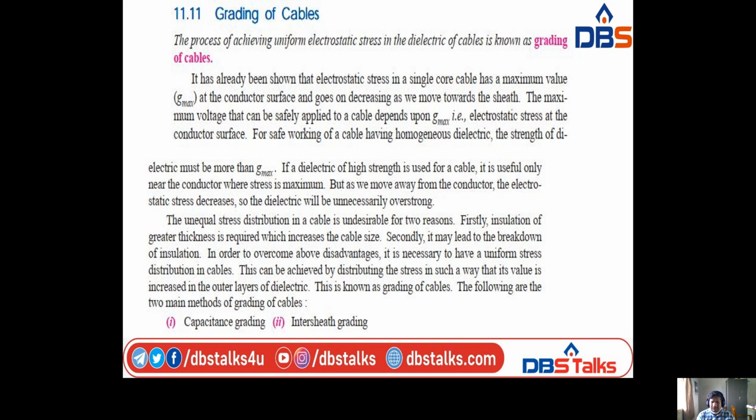Because of these two disadvantages, it is necessary to have a uniform stress distribution in a cable. This can be achieved by distributing the stress in such a way that its value increases in the outer layers of the dielectric. That is nothing but grading of cable.